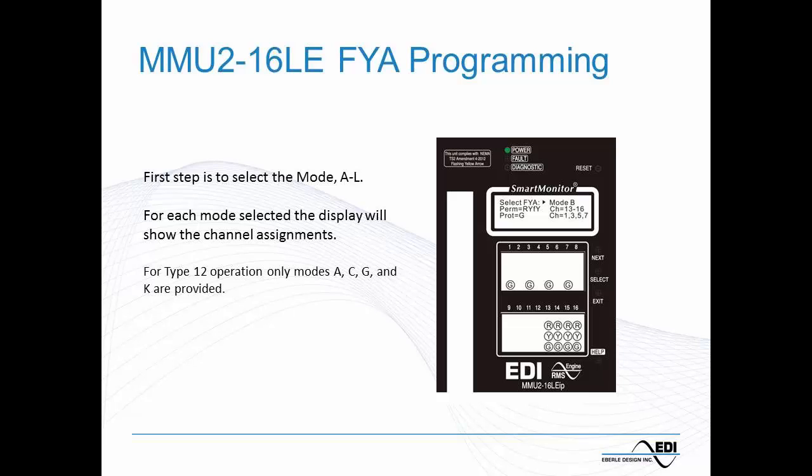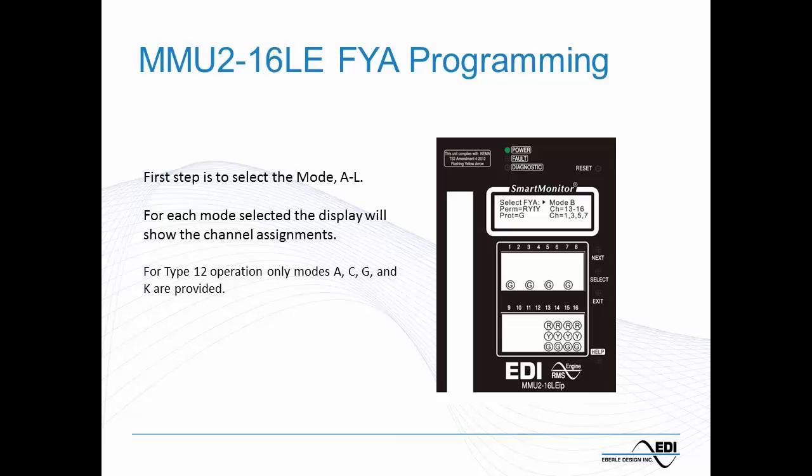So our first step is to select the mode. In this case, for this example, I've selected mode B. You can see that it's telling you up on the LCD display, we're in mode B. The permissive turn channels are selected as channels 13 through 16. The protected green channels are 1, 3, 5, and 7, just as we saw on the colored chart earlier.